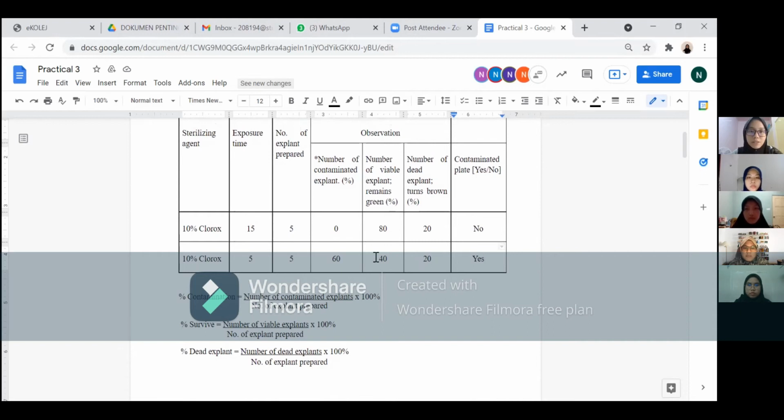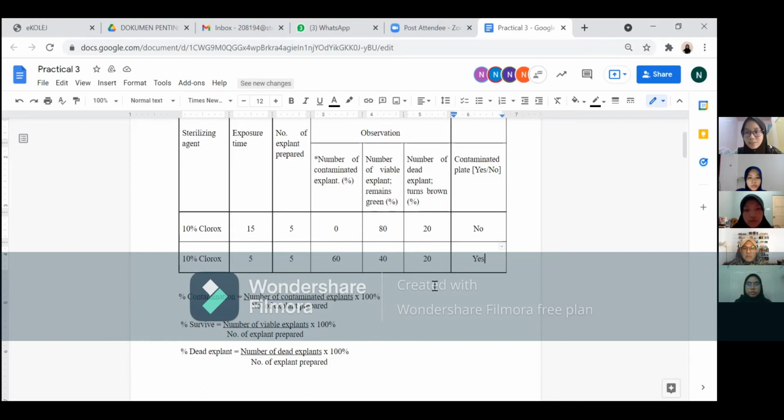For example, in the 5-minute exposure time, how do I get 60? I assume there are 3 contaminated Splen. Divide by 5 and times 100%, and then I get 60%. So I got 4 viable Splen, and 1 dead Splen.